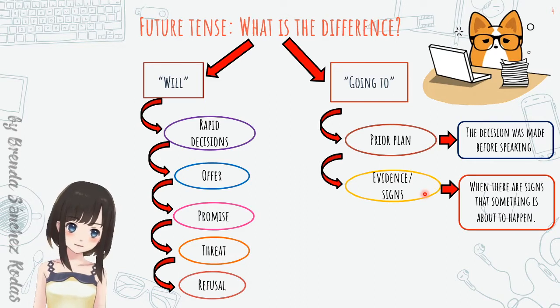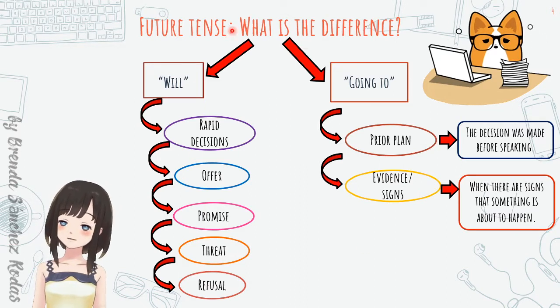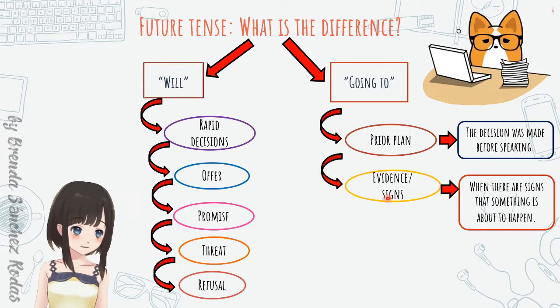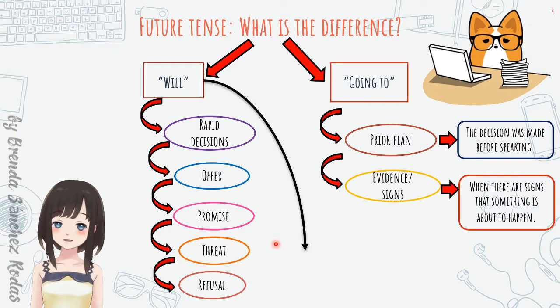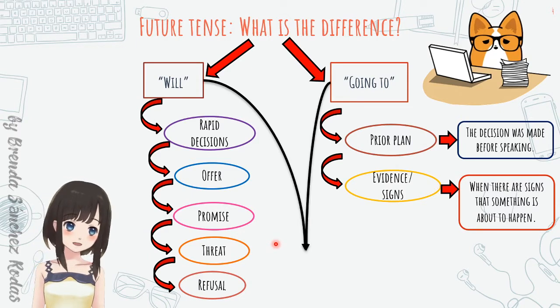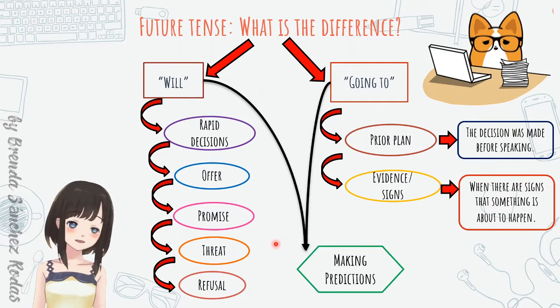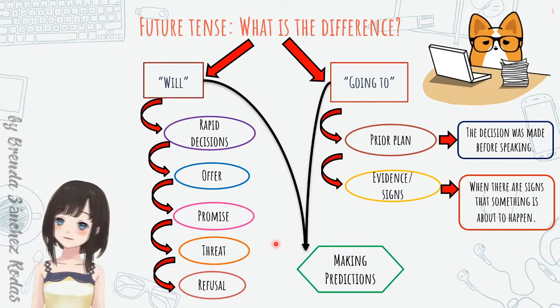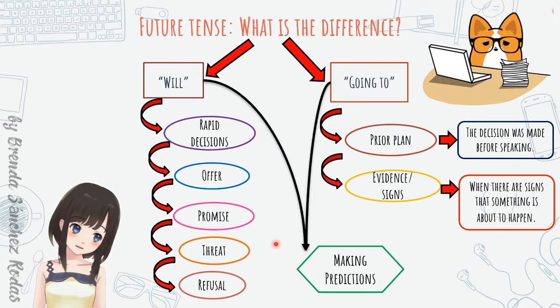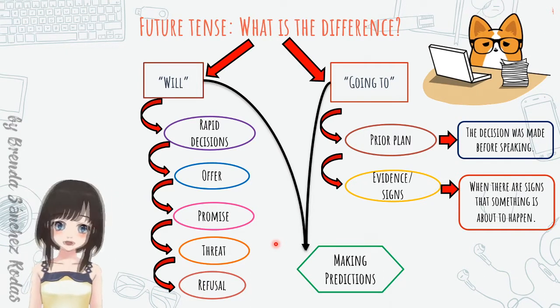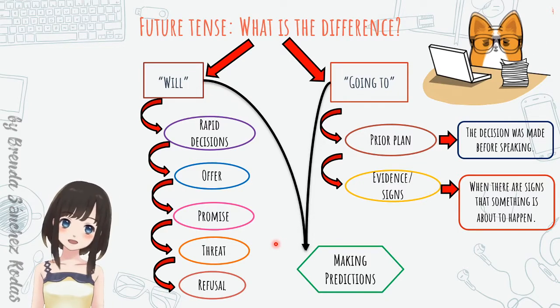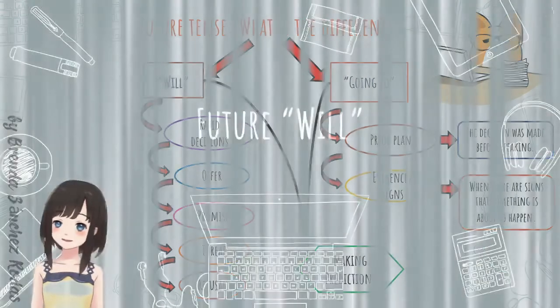Okay, so these are the differences for when you are going to use will and when you use going to, okay? Also, both will and going to we use for making predictions. So if you want to predict something in the future, you can use either will or going to. Both are okay, okay?